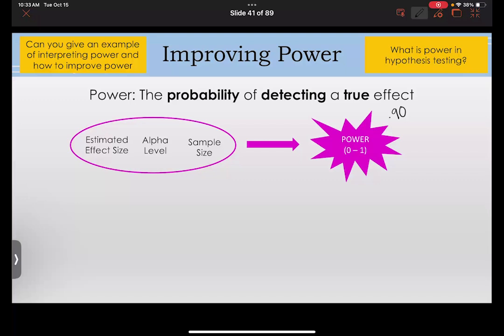We don't usually mess with it. Estimated effect size, usually there's 2 options. We can use previous literature. I'm going to scour the feedback literature, maybe a meta-analysis, and, probably we're doing a regression, not a t-test here, look to see what's the average beta size that I'm working with.